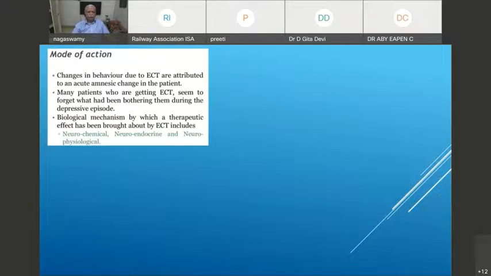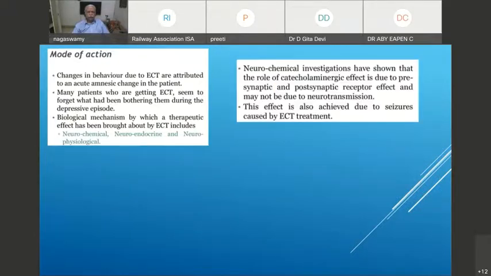And the biological mechanisms are divided into neurochemical, neuroendocrine, and neurophysiological. The neurochemical investigations have shown the role of catecholamines, especially norepinephrine, as a presynaptic and postsynaptic transmitter, and that may be because of the improved neurotransmission.